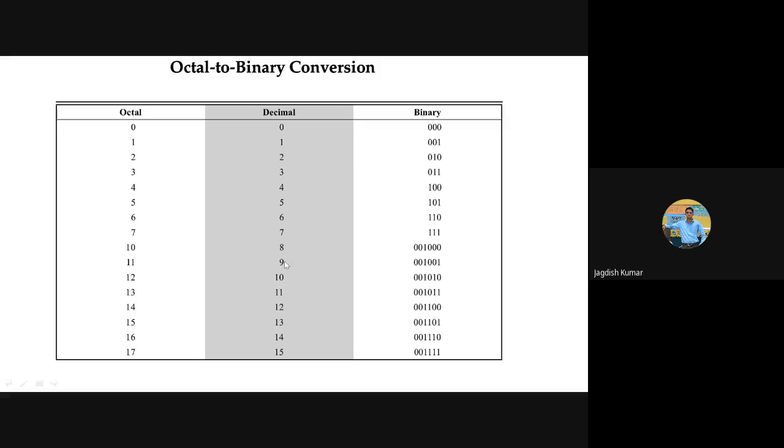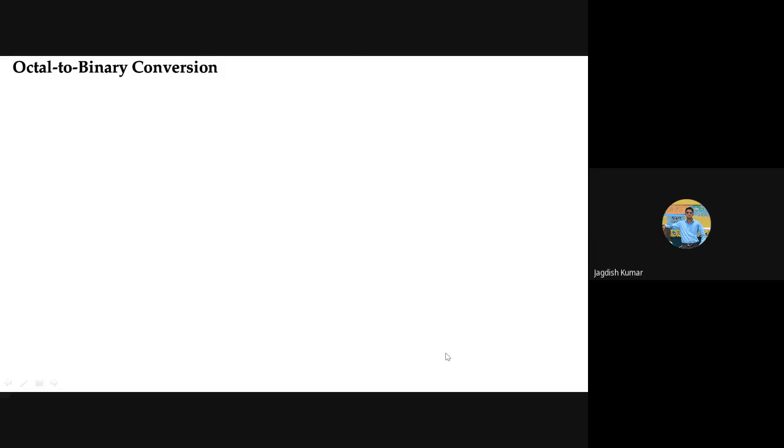In the hexadecimal number system, after 9 comes A. We don't write 10 there, we write A instead of 10, B for 11, C for 12, D for 13, E for 14, and F for 15. So we have a total of 16 symbols, and each symbol has a corresponding 4-bit binary equivalent. So that is how the hexadecimal system is also very simple.